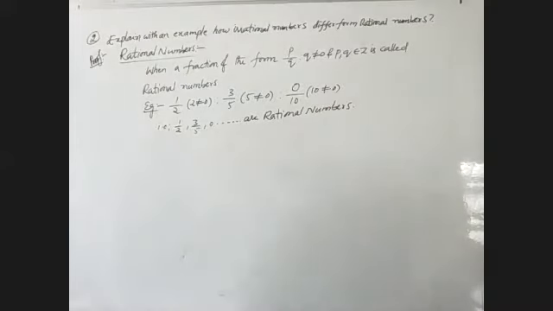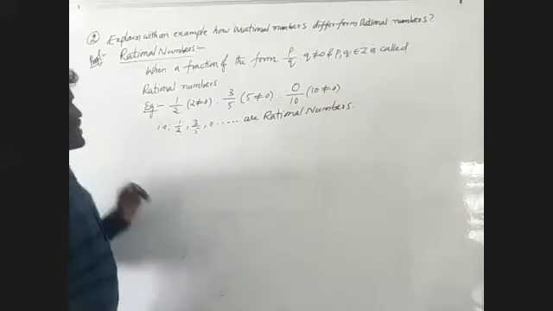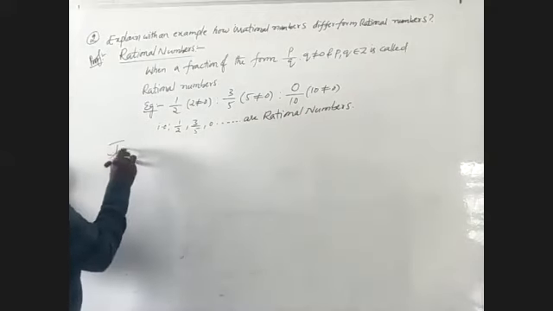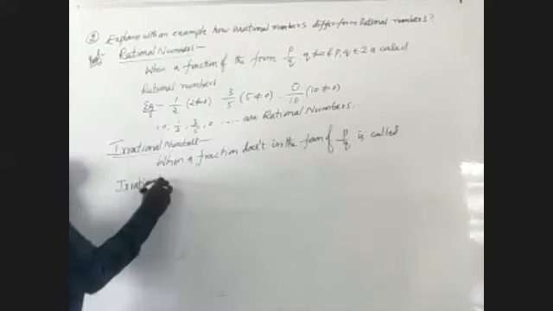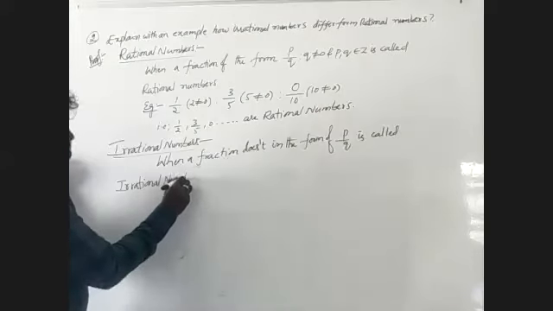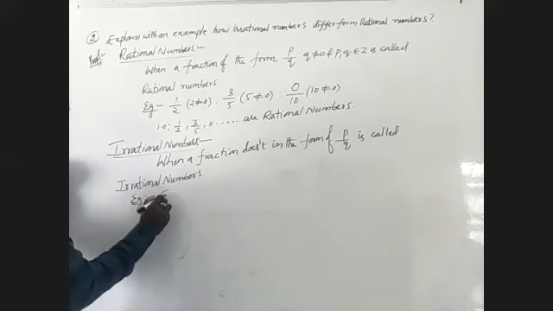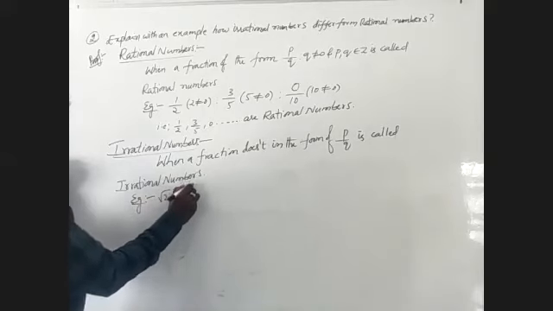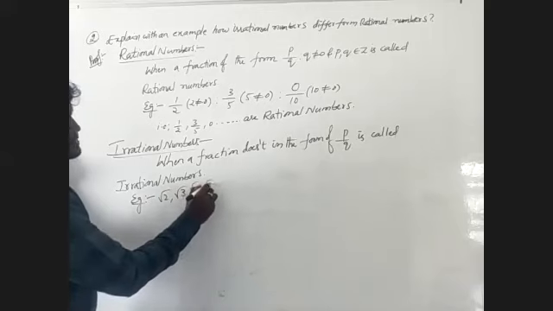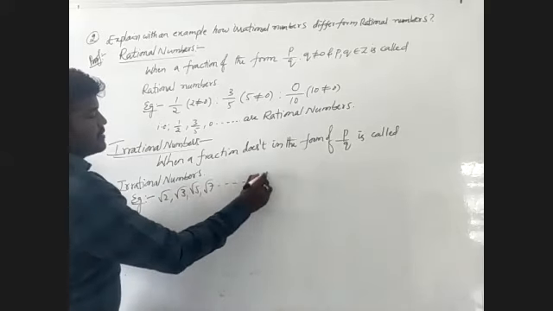Now we will discuss the definition of irrational numbers. The examples of irrational numbers are root 2, root 3, root 5, root 7, and so on.